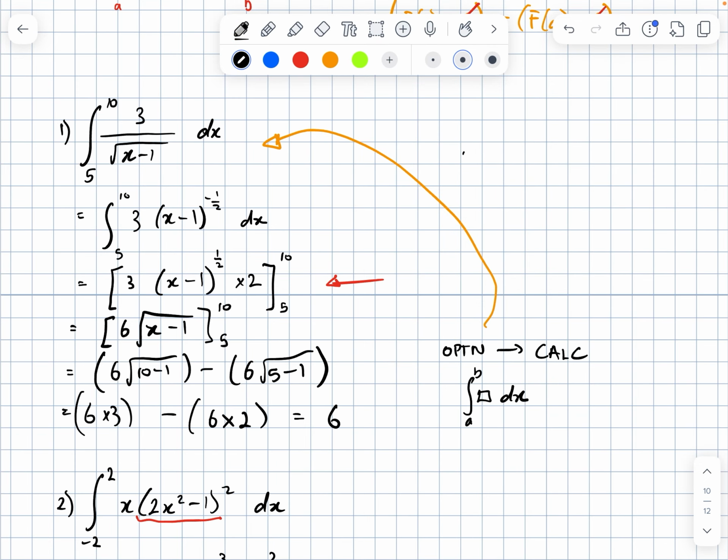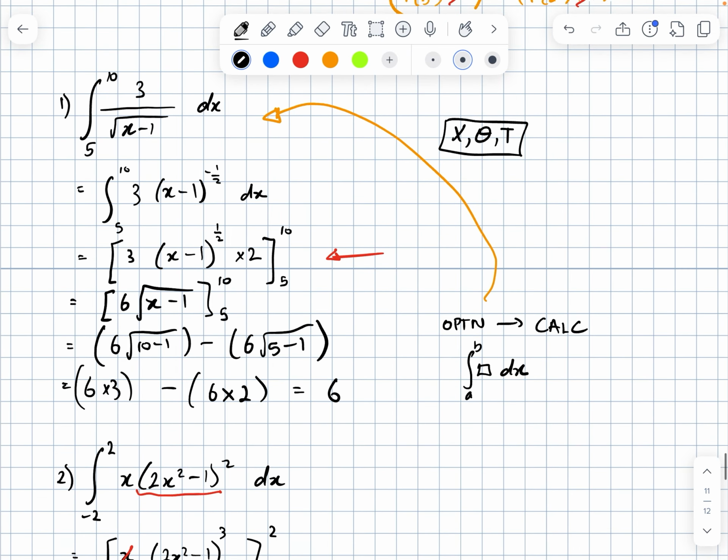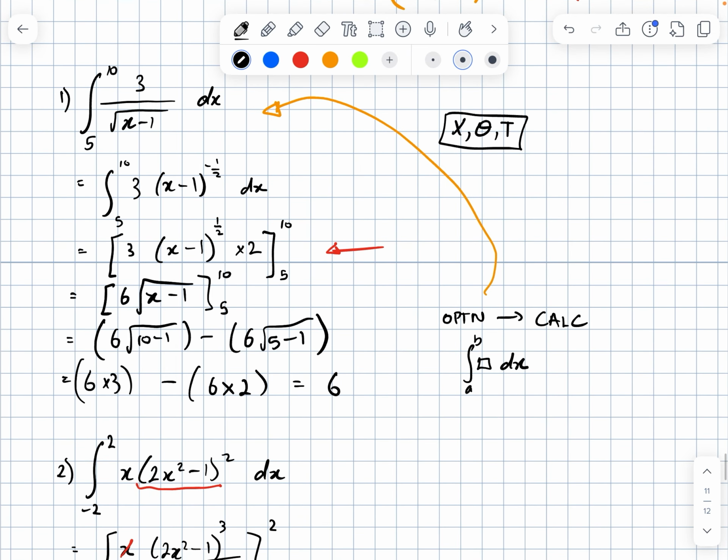I use the x theta t button for x, and then you're going to type the function in and then click the right arrow, which will give you the lower limit. You'll put that one in, and you click the right arrow again and put the upper limit in, then click equals. Use that as a check, not as a primary way of solving anything.